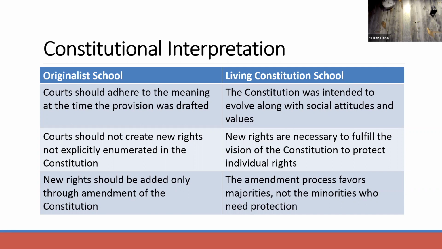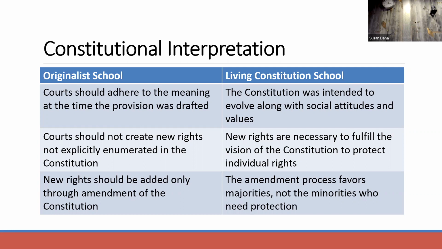And the whole point of our Constitution is to ensure that we have the liberty we need to be complete human beings in our democracy. The problem with the amendment process, the living constitutional school says, is that it depends entirely on the majority.